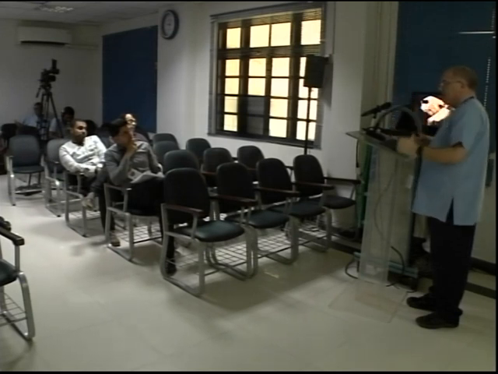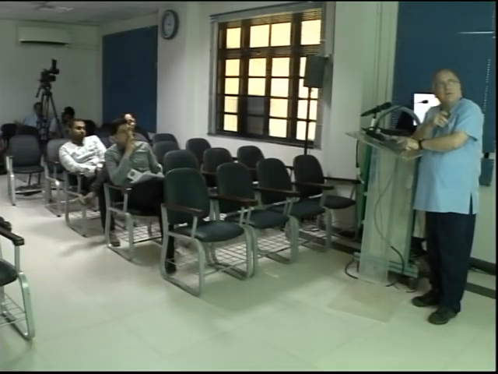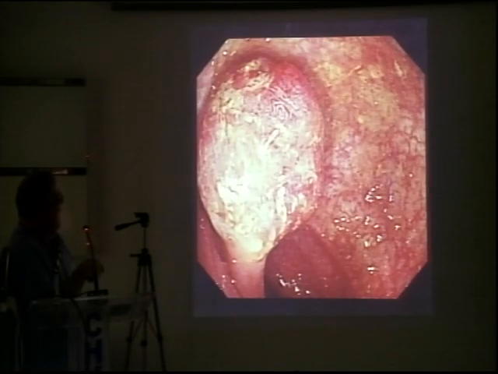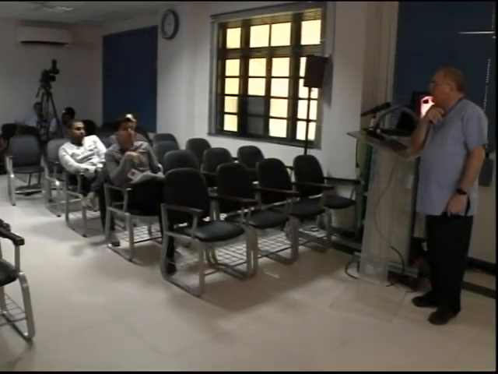Move your snare. The big thing about delivering diathermy to the previous polyp, which we haven't touched on, what is that polyp doing? Right. So when we put the snare here, where does the electric current flow through?